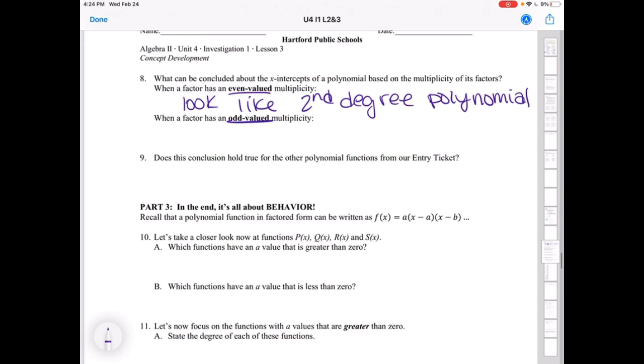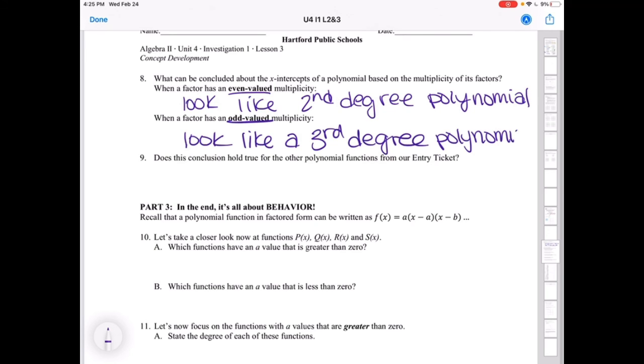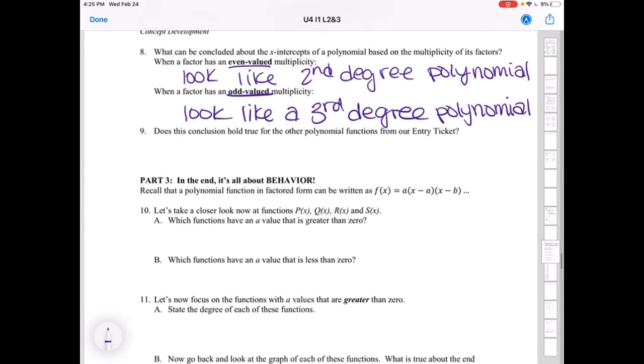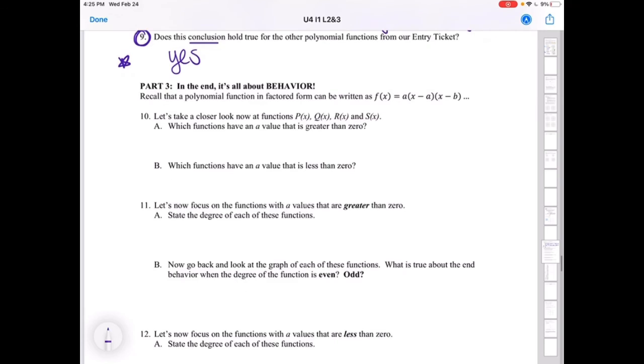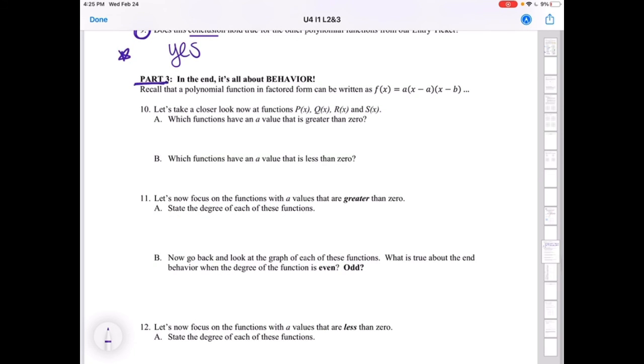An odd-valued multiplicity is going to look like a third degree. And does this hold true for other polynomials from your exit ticket? I'm going to circle this one just so you can include some of your observations. I want you to use your own words, your own conclusion, but you should have said yes, it does hold true. I'm going to let you do this end behavior part by yourself.